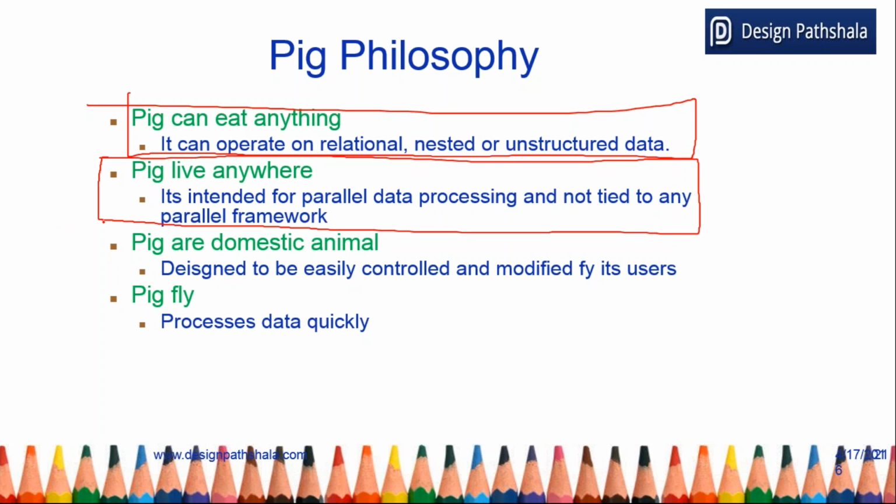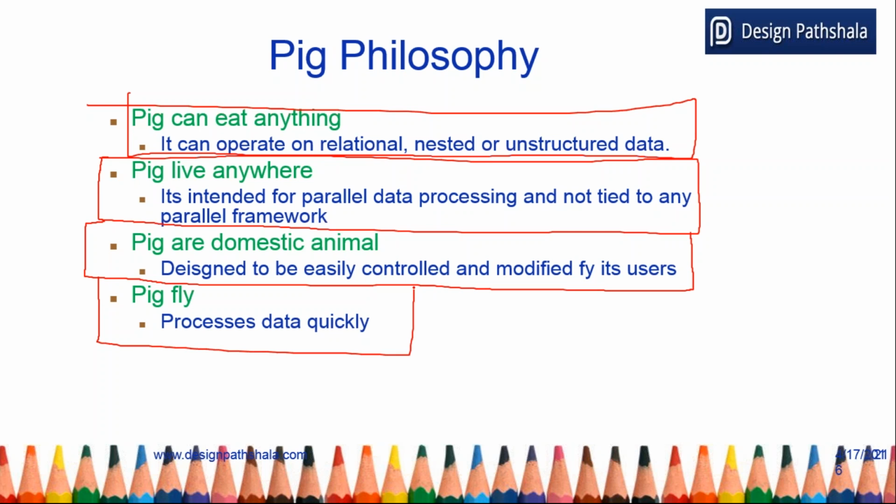Pig is a domestic animal and can be tamed. Similarly, this language can also be tamed with extremely complex things which you can write in it. And 'pigs fly' is a saying where anyone can do anything. Similarly, this guy can also process your data extremely fast. It optimizes things at the backend for you which you would not have optimized in your MapReduce code.